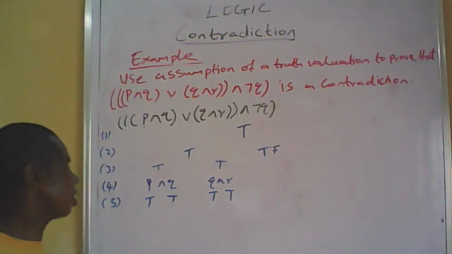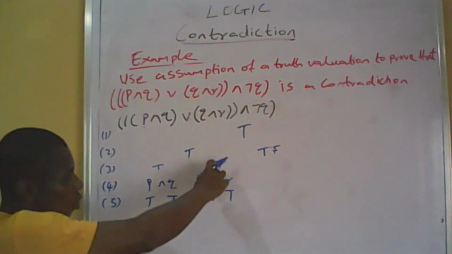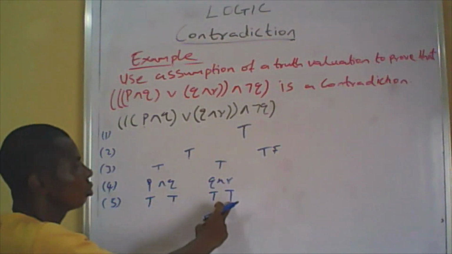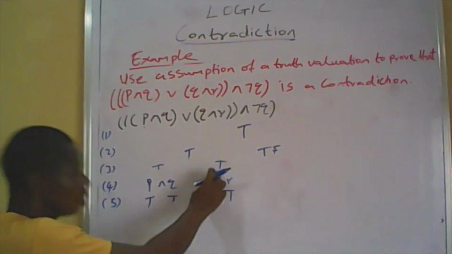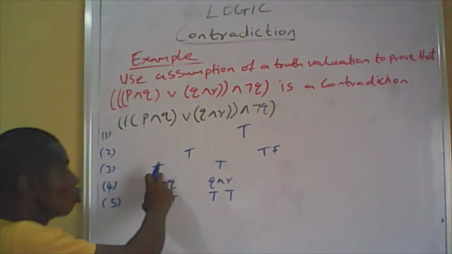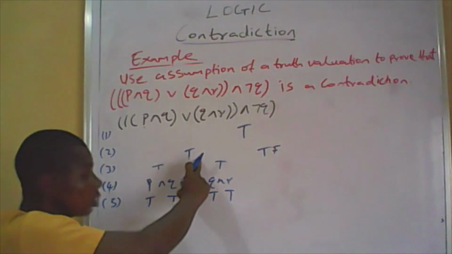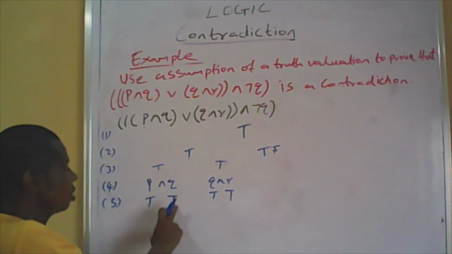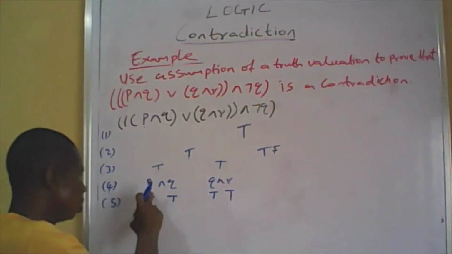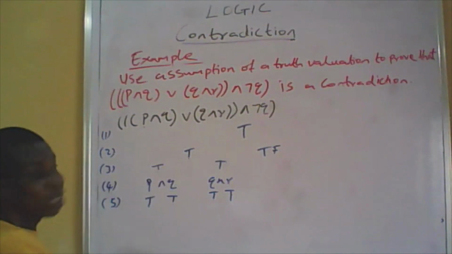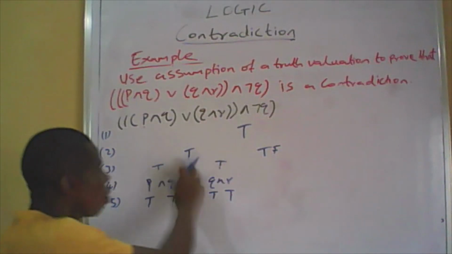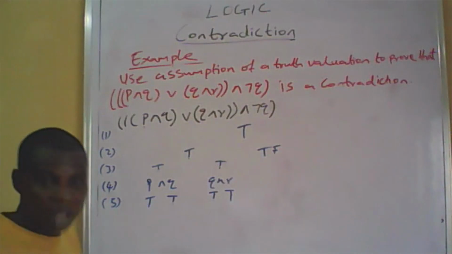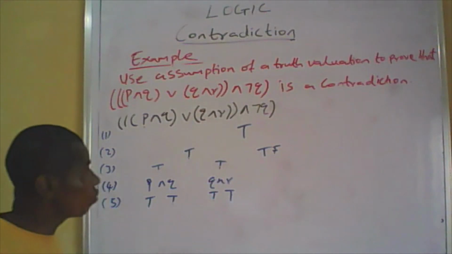And if you say that, let us assume that this one is false, that means Q is false, R is true, or R is false, that means it is still false. Very good. If this one is true, it will agree. But here, Q is false, P is true, that means this is false. I'm going to have false and false or false, which makes this false. So in any way, we are going to get it to be false.